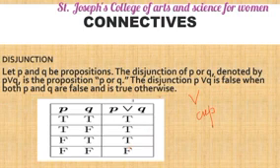So if both values are false, the answer will be false. Otherwise it is true, because in the first row both are true. In the remaining two rows at least one is true, hence we are giving the values as true. In the last one both are false, hence by the definition we are giving it as false.